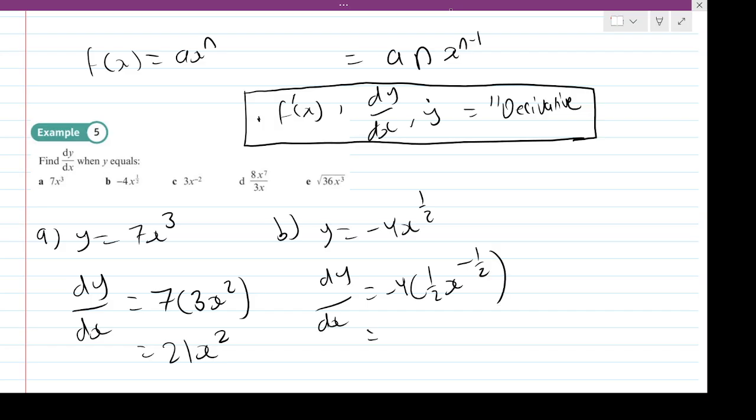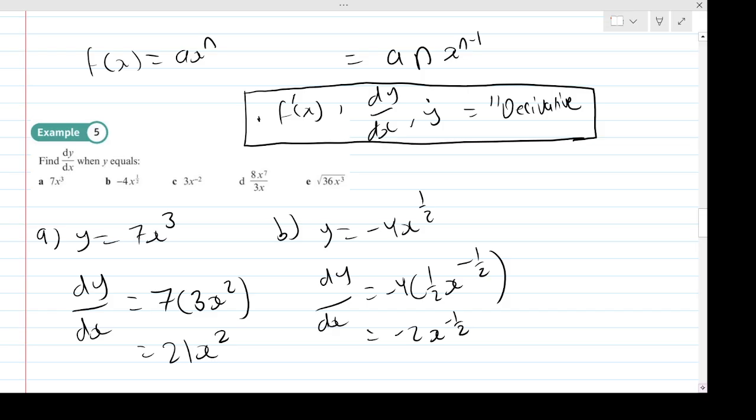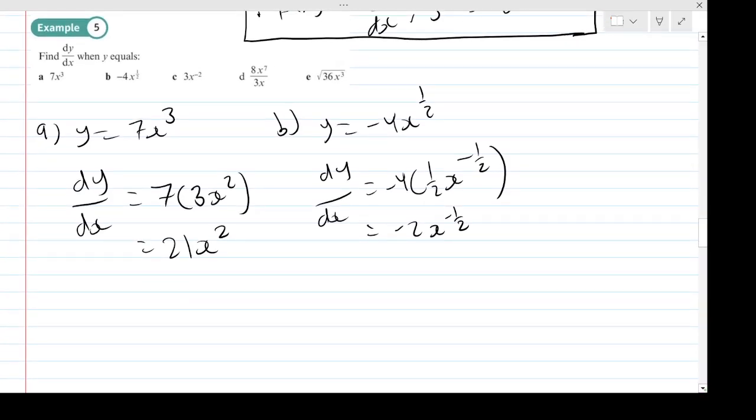Cool. Then, lastly, we can expand this bracket, right? And then do minus 4 times a half, that's minus 2, x to the minus a half. And there we are, okay? Part C, we then have 3x to the minus 2, so then dy dx is going to be 3.